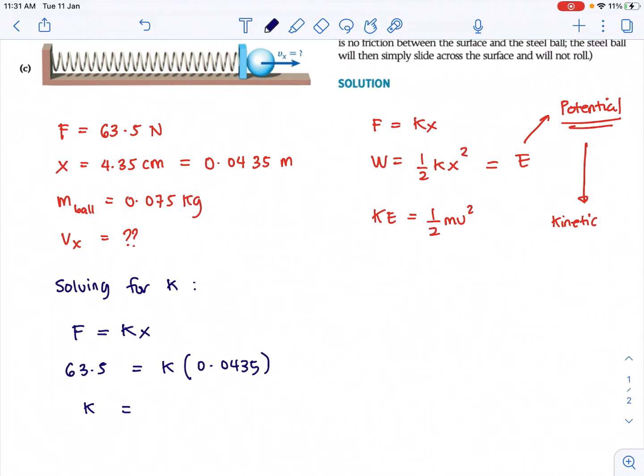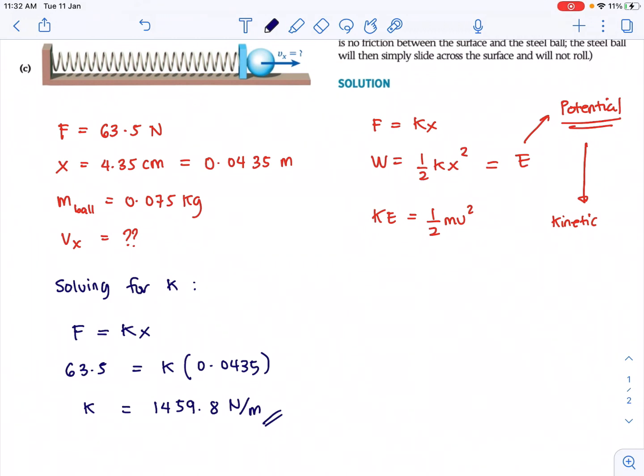Plugging this into your calculator, we get that K is equal to 1459.8 newtons per meter. This is our spring constant.